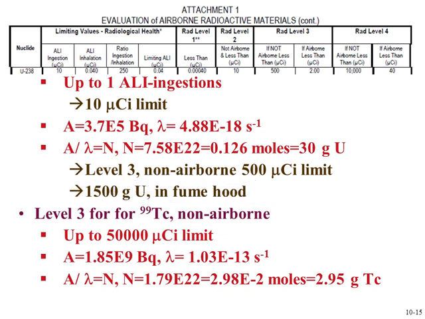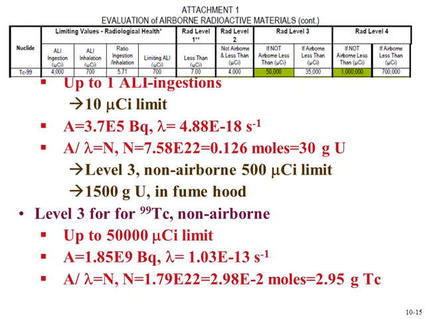We can perform the same sort of calculation for technetium. Here's the data for technetium-99. Let's say we want the value for a level 3 technetium experiment, non-airborne. I look at my table and I see that the value is 50,000 microcuries.